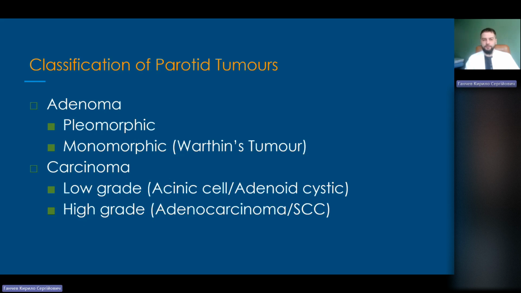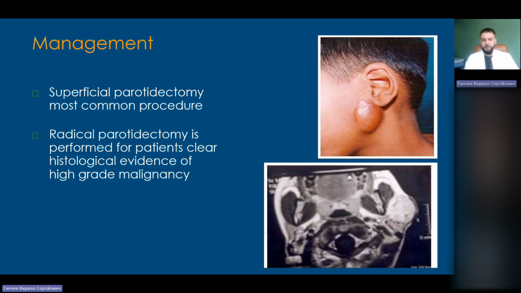Classification of parotid tumors. They could be adenoma or carcinoma. Adenoma could be pleomorphic or monomorphic, and carcinoma could be low or high grade. There are a few of them, and we're not going to stop on that. Management: superficial parotidectomy is the most common procedure. Not so hard to do, but still remember about the facial nerve.